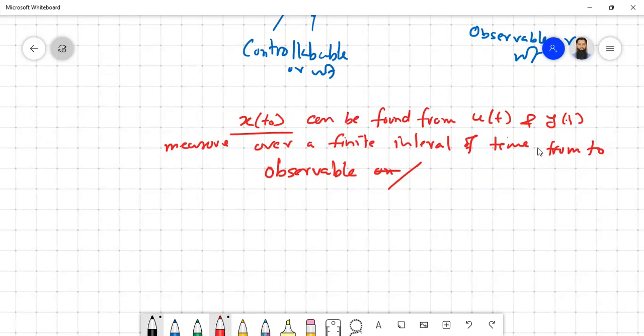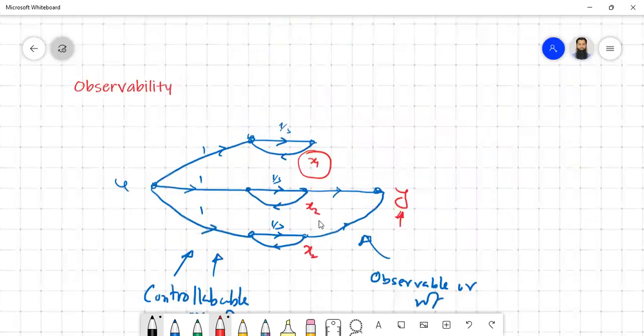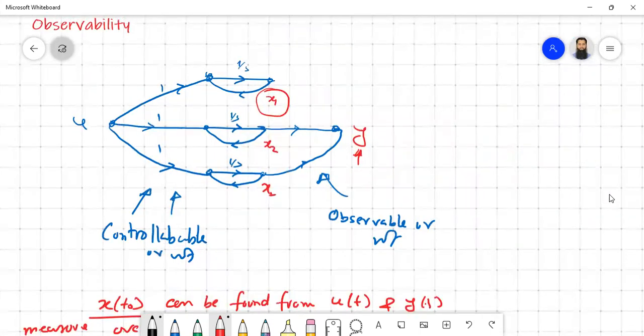From the figure we have seen, in the first case, the blue one, y equals Cx with 1, 1, 1, so all of them were linked with the states. Now the output is linked with all the states, so your system is observable.